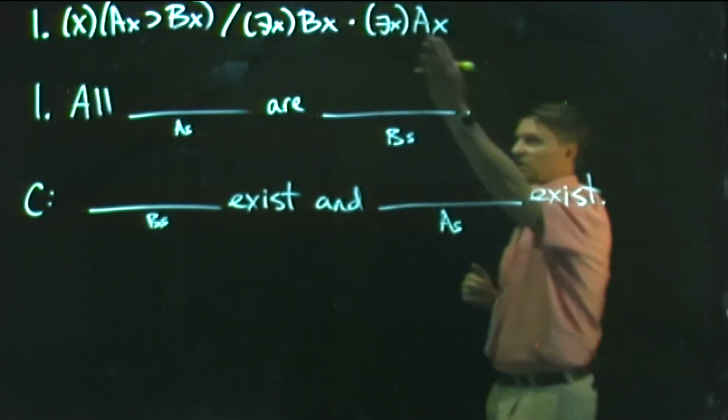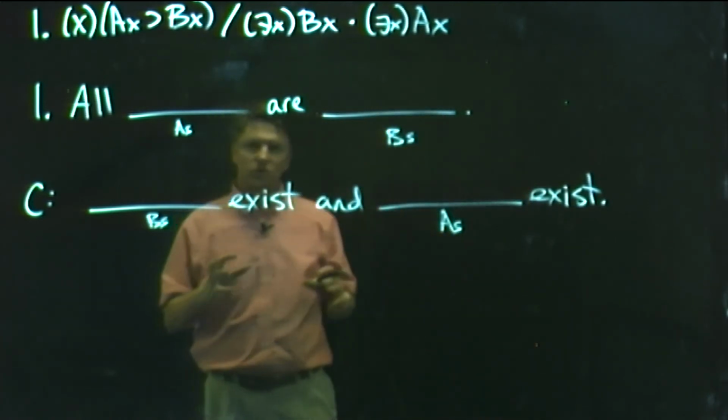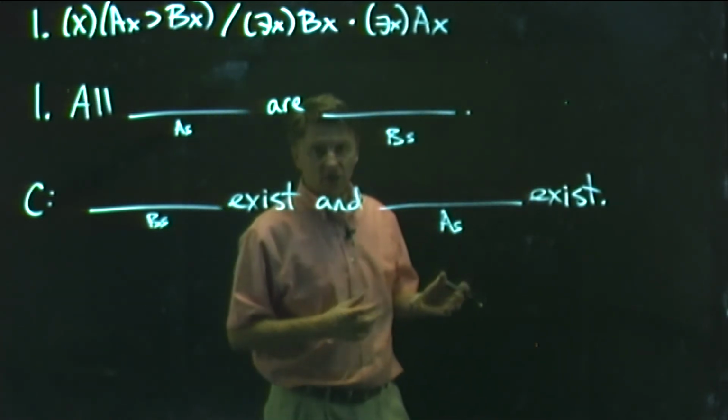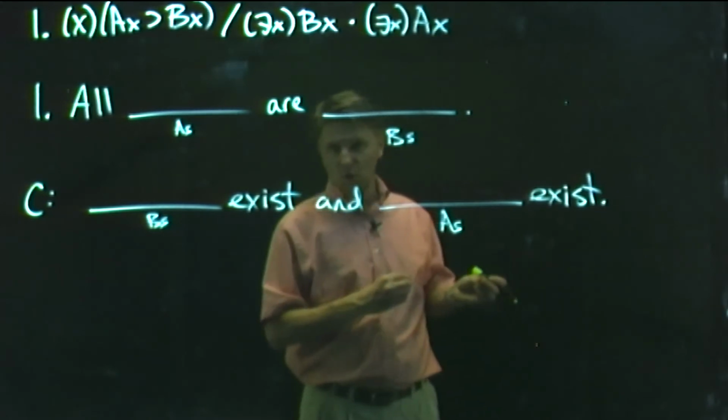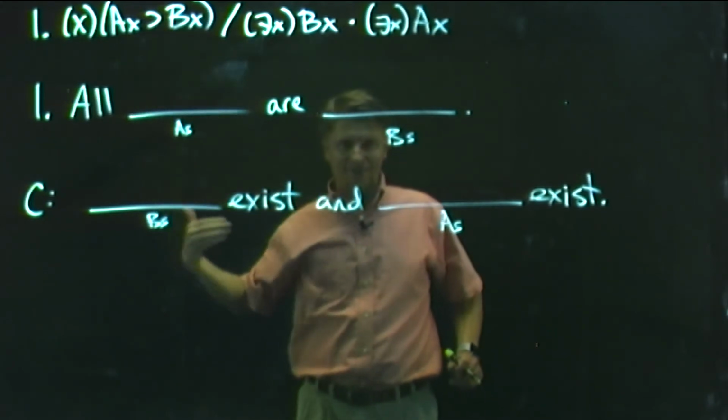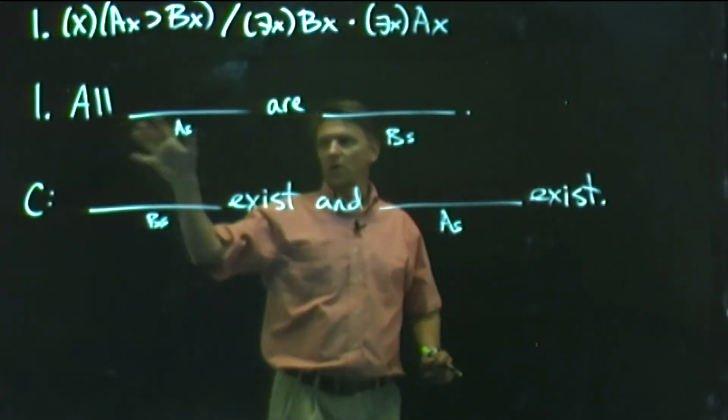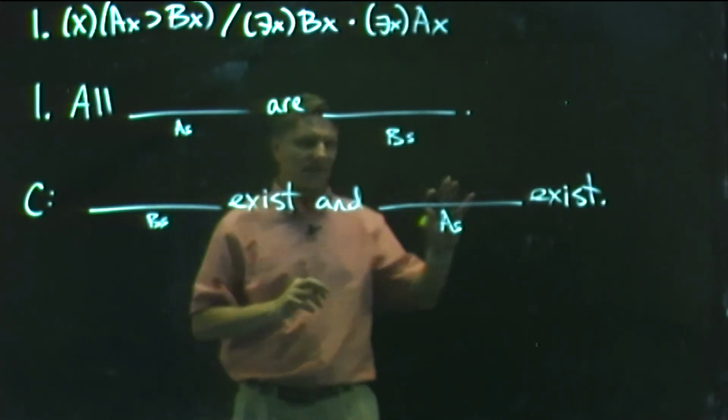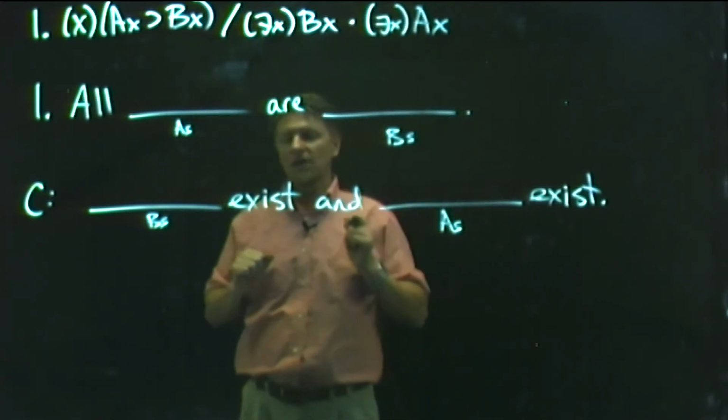That's essentially what this conclusion is saying. So to get good at the counterexample technique here, you're going to want to review 7.1, so you know how to take the symbols and translate them back into English, okay? So all A's are B's, and then B's exist and A's exist is what we're looking at here in this argument.